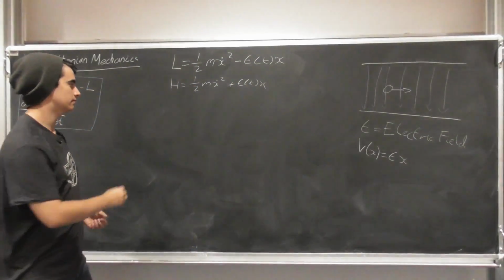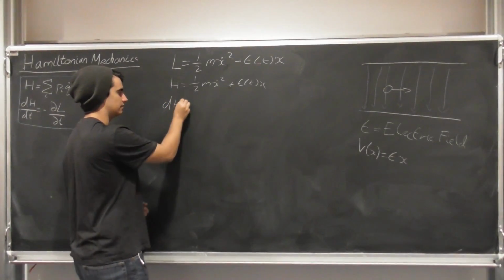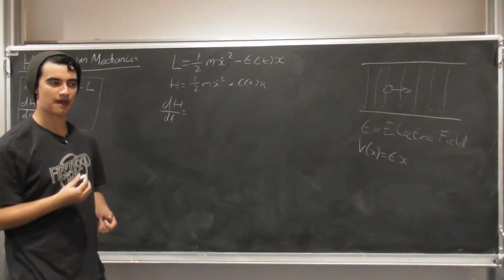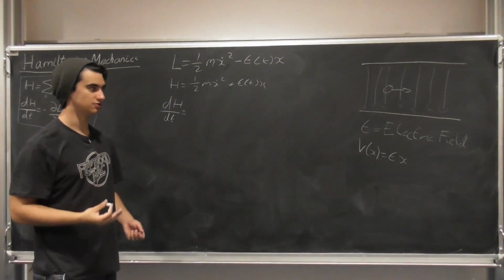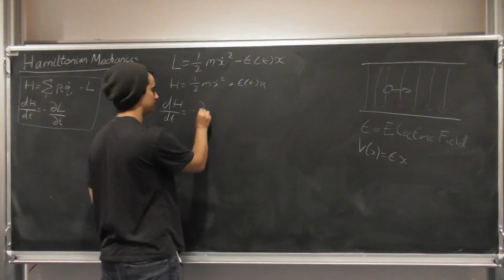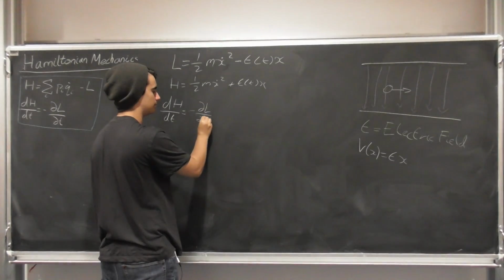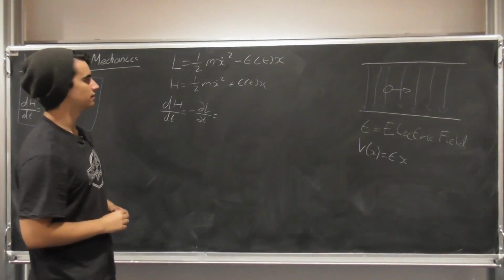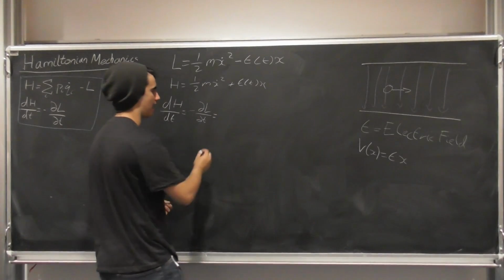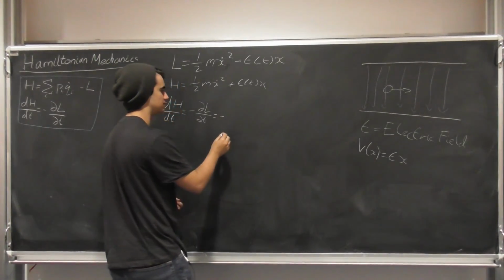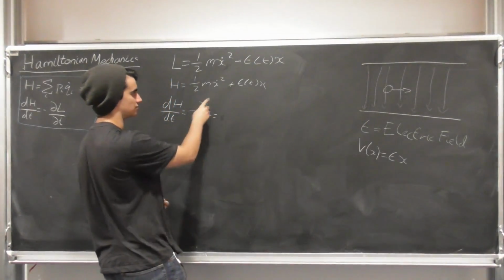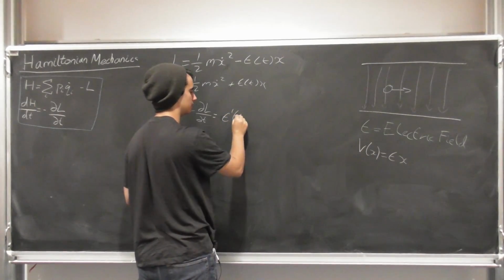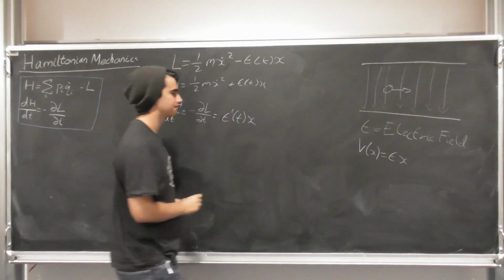All right, so this would mean, therefore, that dH/dt, so how much the total energy in our system is going to be changing, is equal to minus partial L partial t, which the first term won't go into anything, and our minuses will also cancel out, so then we'll get epsilon prime of t times x.